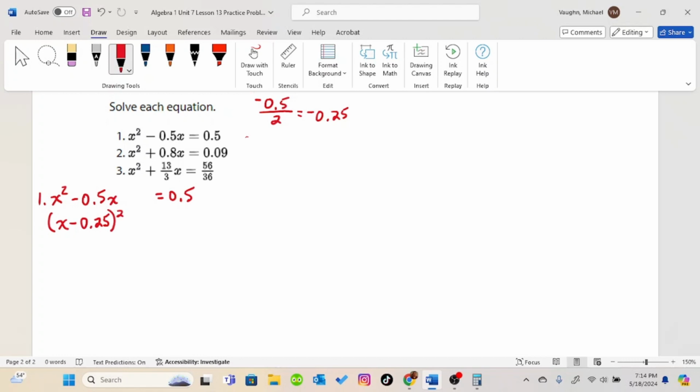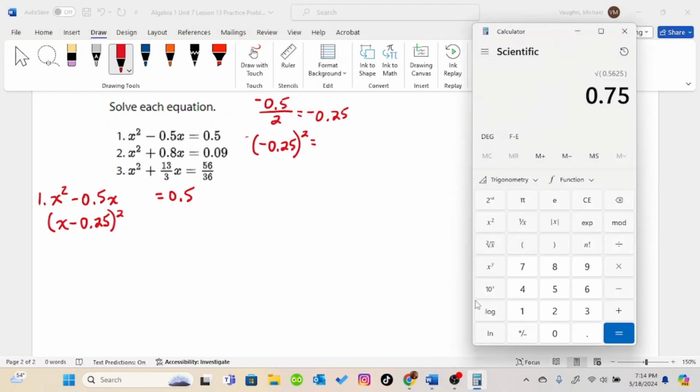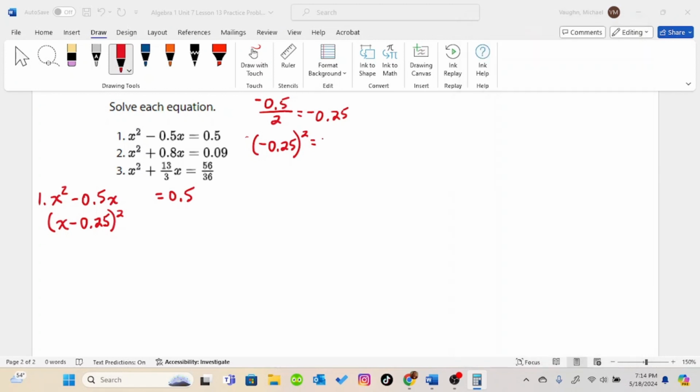To know what we're adding, we need to take this negative 0.25 and square it. And that equals 0.0625. That is what we're going to add to both sides.